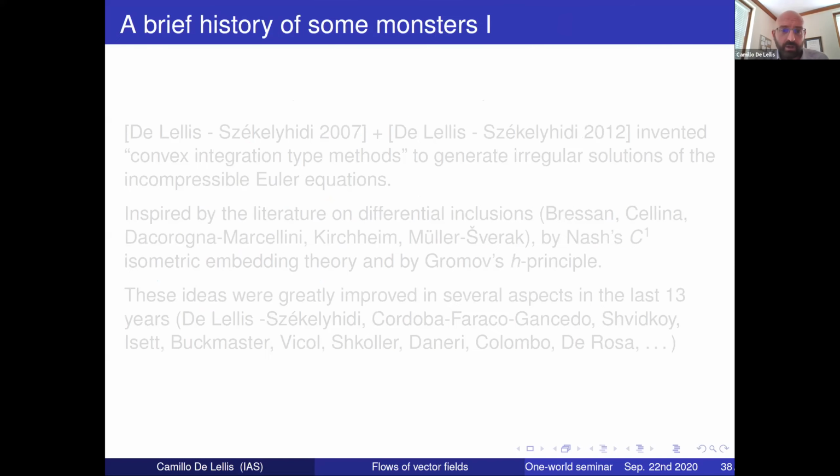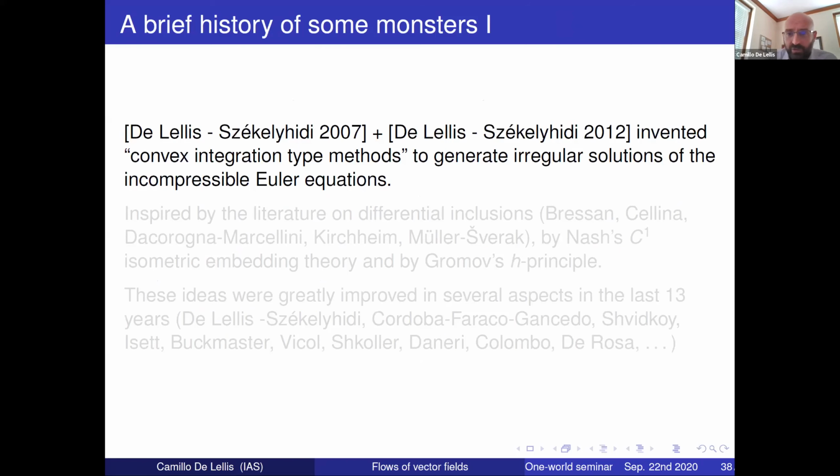Okay, so there's a history to this. Modena and Székelyhidi build on a series of works previously introduced in the literature, which essentially started with a couple of papers by Laszlo and myself back in 2007 and 2012, where we introduced some methods called convex integration type methods to generate irregular solutions to the incompressible Euler equations.